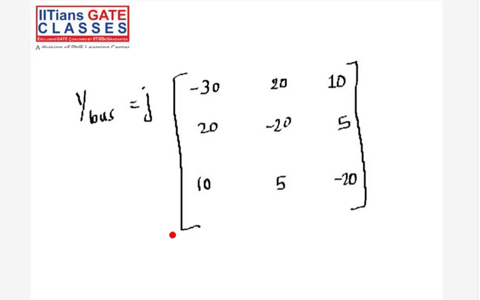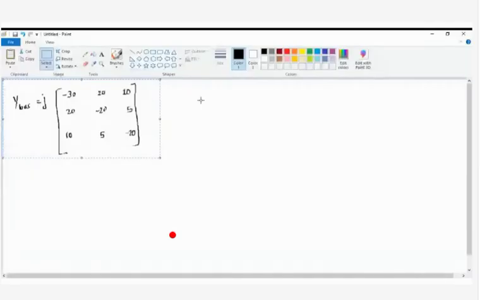Okay. So we are looking at a three bus system, right?